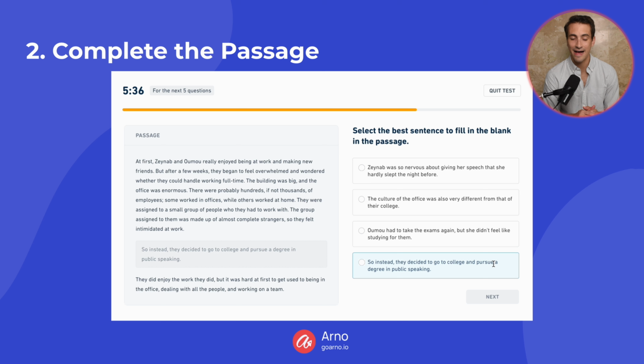And finally, we have, so instead they decided to go to college and pursue a degree in public speaking. The key vocabulary in this option is college and public speaking. So, like we talked about with option number 2, there are no mentions of college.